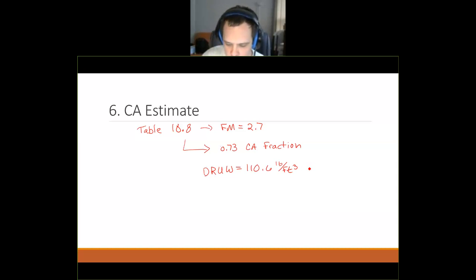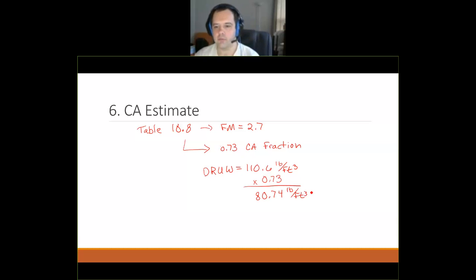And so I'm going to multiply that by 0.73, and I get a weight of my coarse aggregate to be 80.74 pounds per cubic foot of concrete.